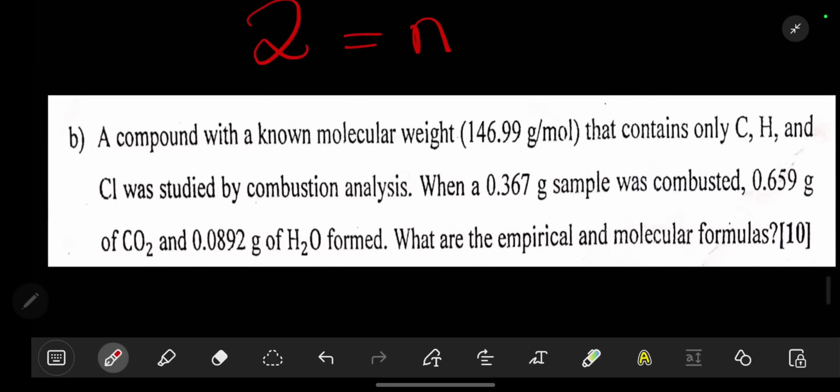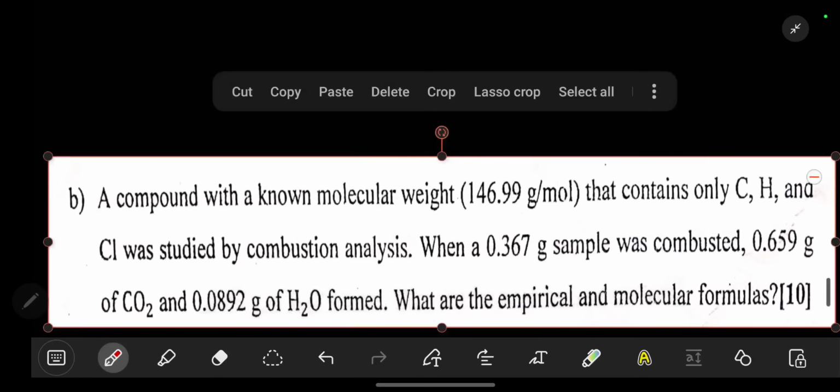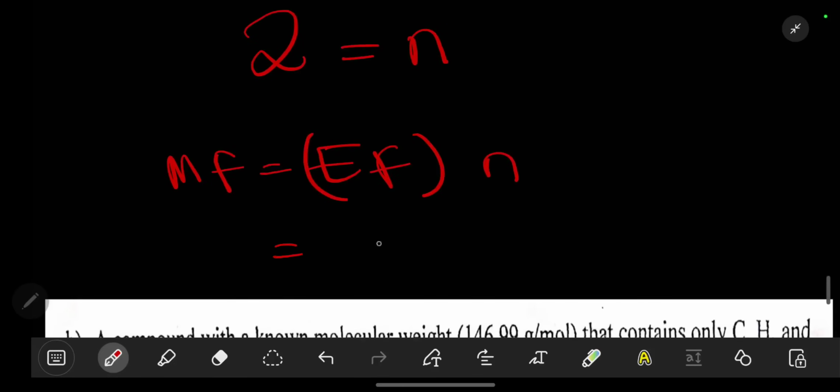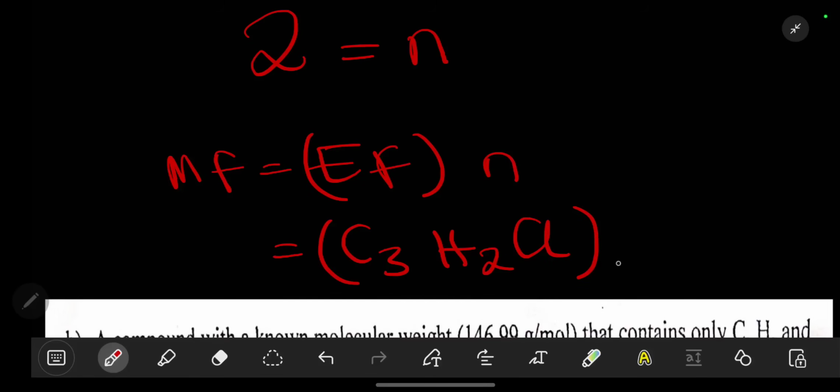Therefore, the molecular formula is equal to the empirical formula times our N value. If the empirical formula is C3H2Cl, our N value here we have found to be equal to 2.